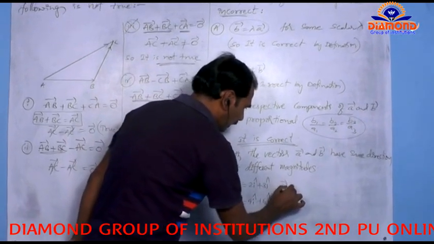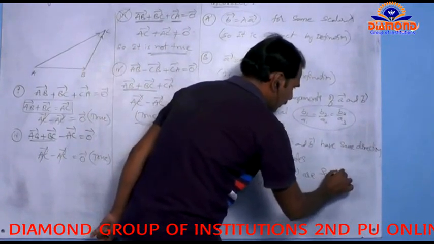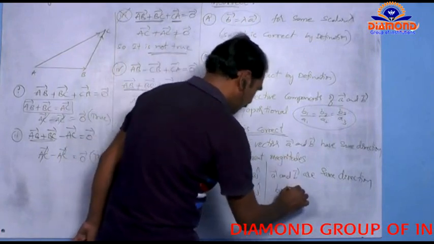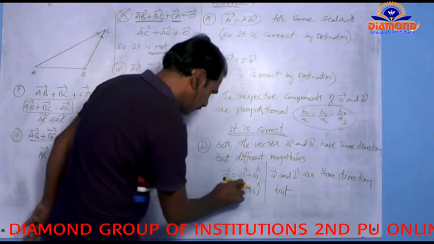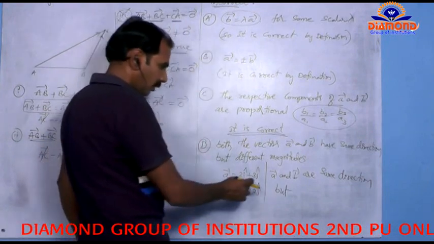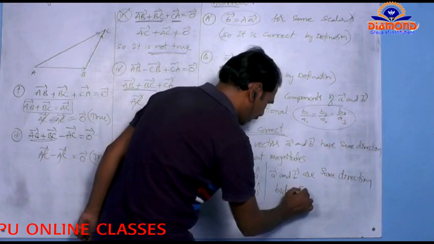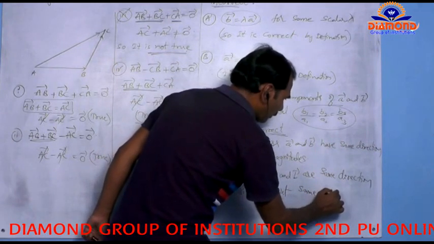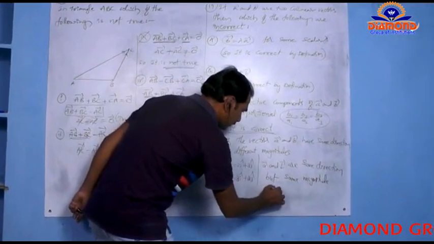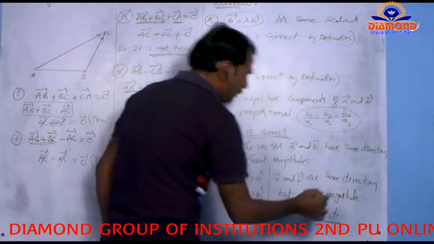A and B have the same direction but different magnitudes. The option saying same direction but same magnitude is incorrect.